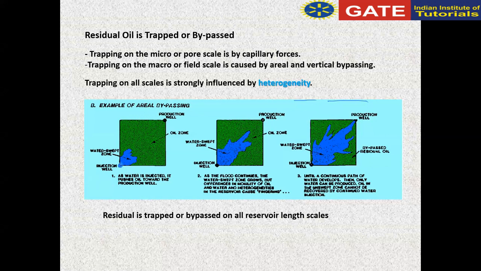Due to heterogeneity present in the reservoir, your water will bypass the oil and cannot sweep your oil efficiently. As the flood continues, the water swept zone grows, but the difference in mobility of oil and water and heterogeneity in the reservoir cause fingering. So this case is the fingering, viscous fingering.